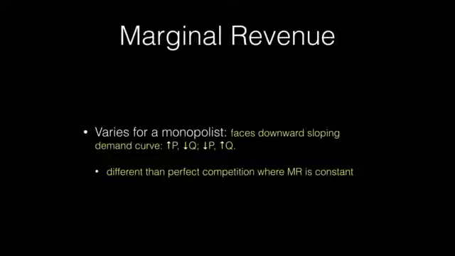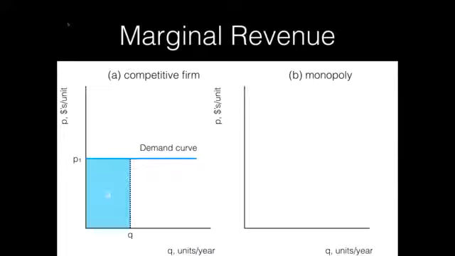So for perfect competition, price was fixed. Firms alter output in order to maximize profits. In monopoly, firms jointly set price and output in order to maximize profits. So make sure you're comfortable with that distinction between perfect competition and monopoly.